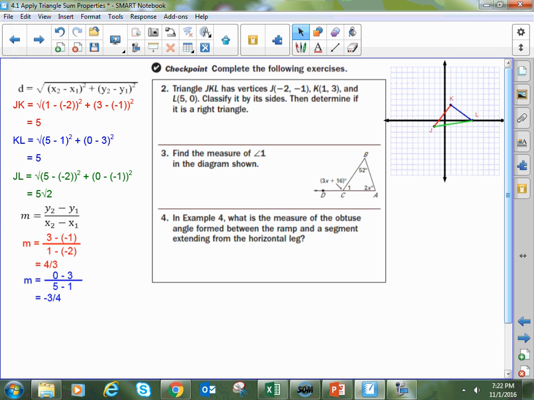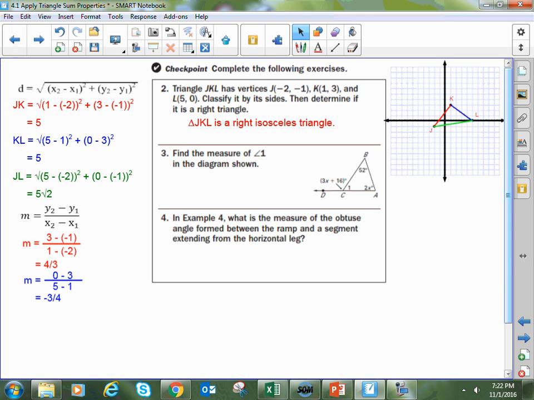And we do see that I have slopes that are opposite reciprocals of each other. So that will allow me to say that I have a right triangle because right angles are formed with perpendicular lines. So now I can conclude that the triangle must be a right isosceles triangle, and I have the math that justifies that statement. So now moving on to question number 3.